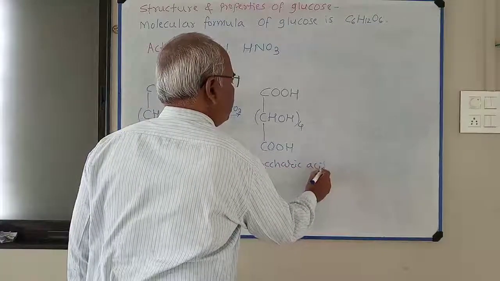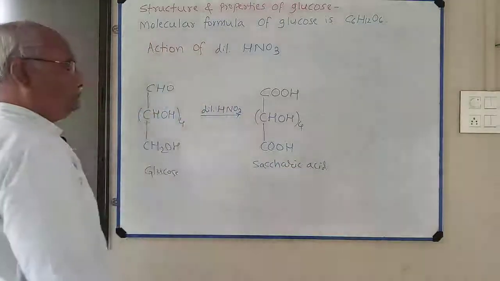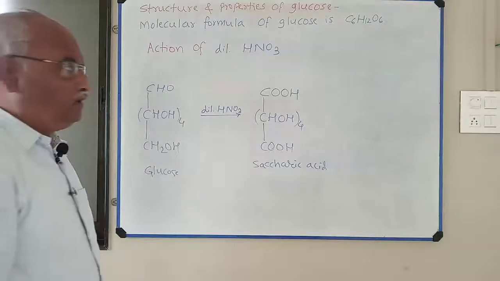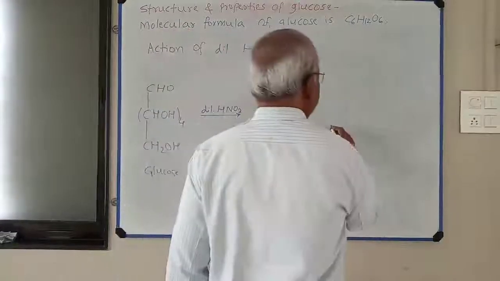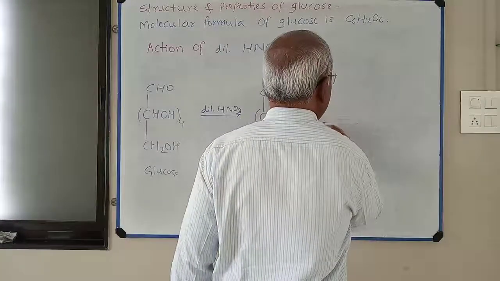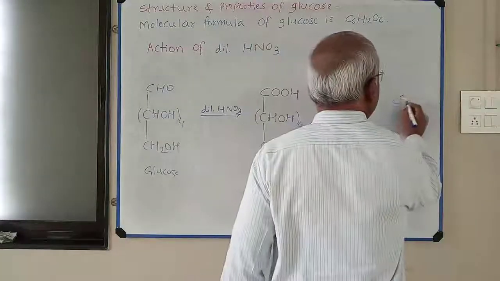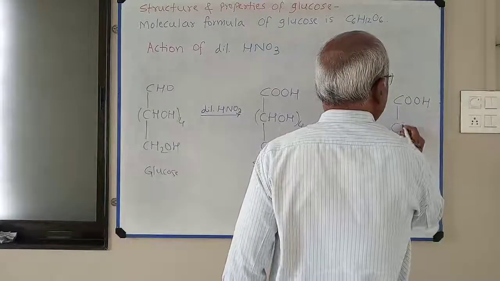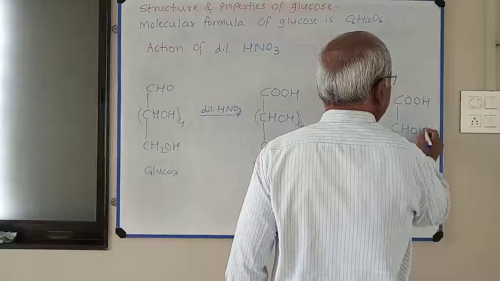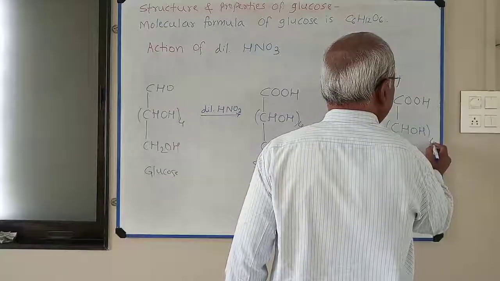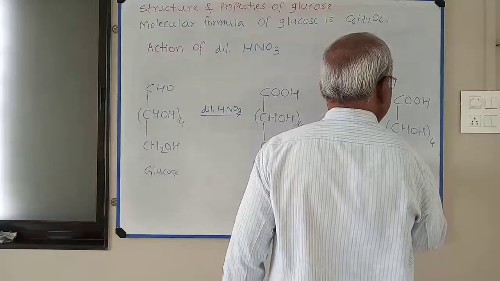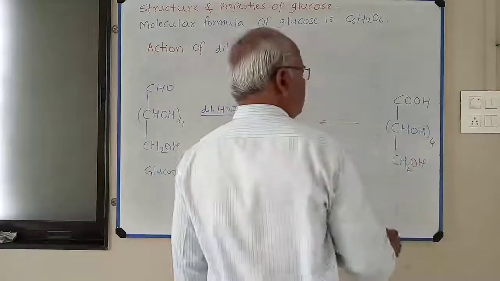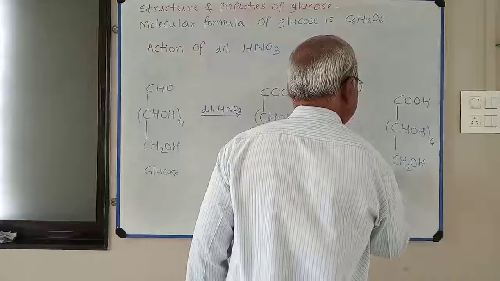It is known as saccharic acid. The same saccharic acid is also obtained from gluconic acid. So I write here COOH, (CHOH)4, and here CH2OH. This is gluconic acid.